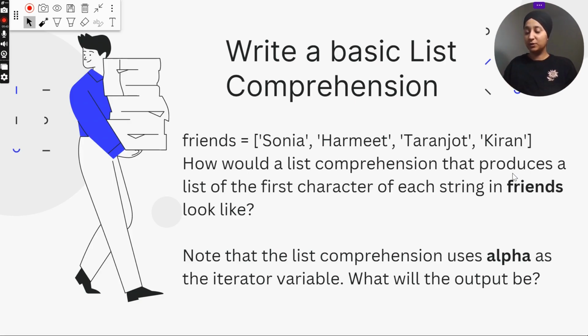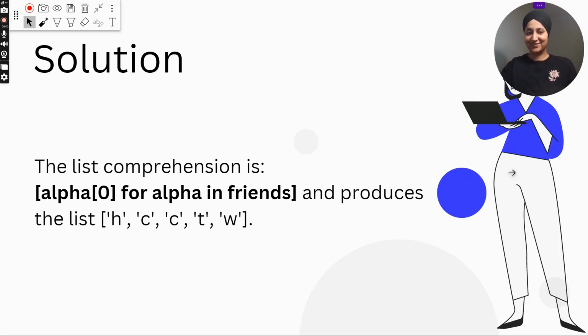What will the output be? Now just pause the video here and try to build the logic to create a list comprehension. This is very basic. Let's move forward to the solution. Now you can see here the list comprehension is alpha[0] for alpha in friends.